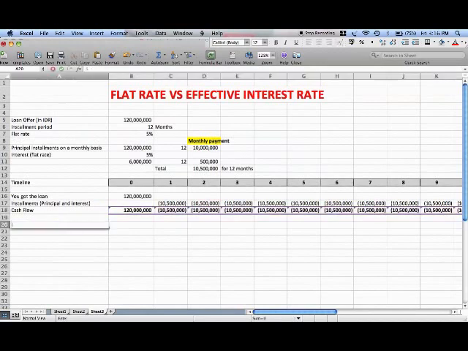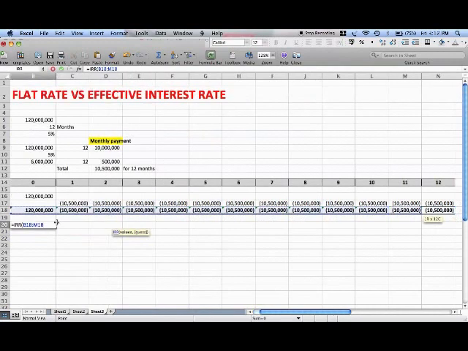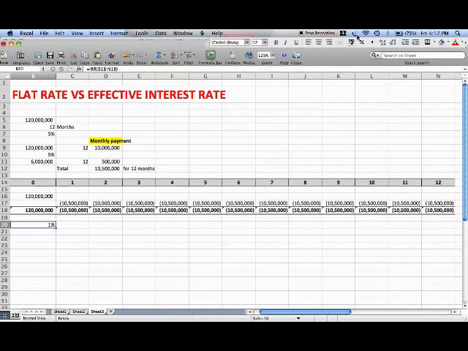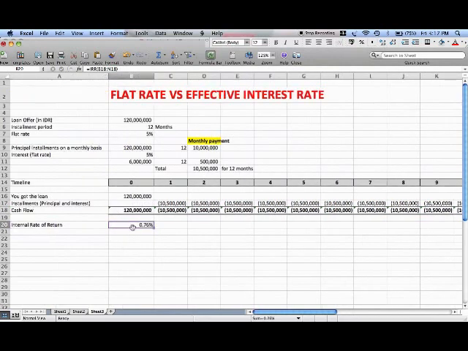So all I need is just to plug in the IRR, internal rate of return. You just press IRR, and then you select from B18 until AN. So you have 0.76% per month.